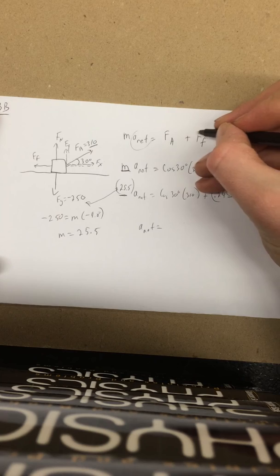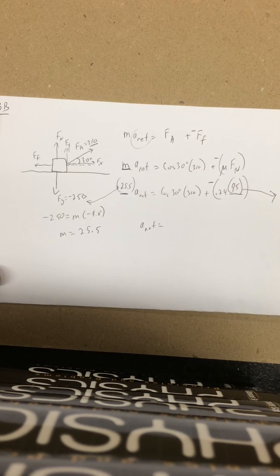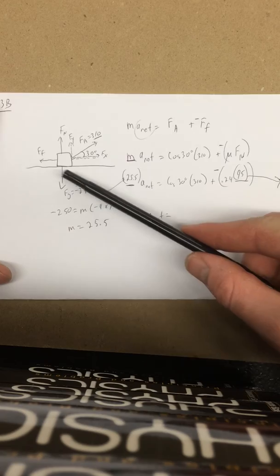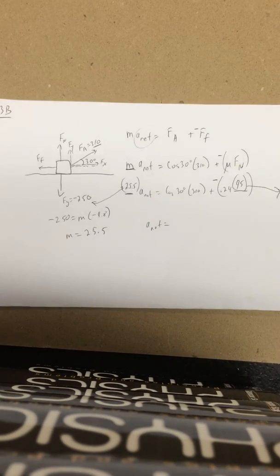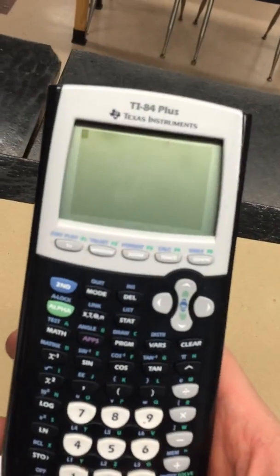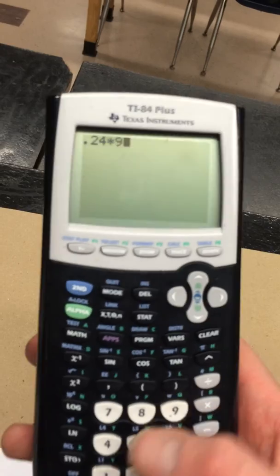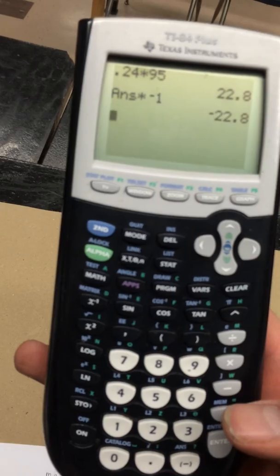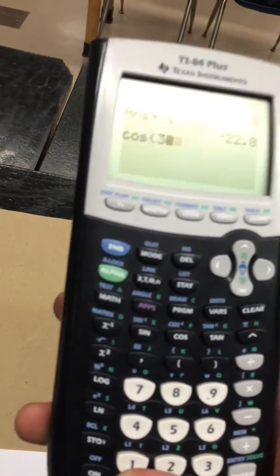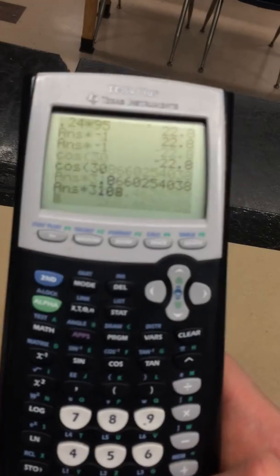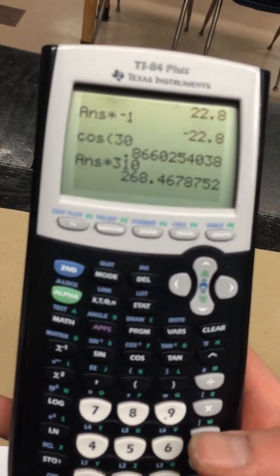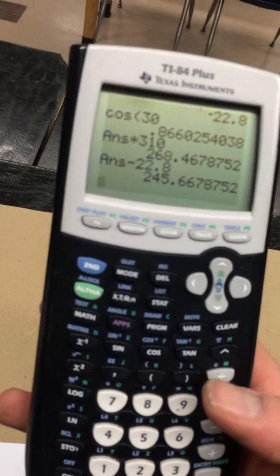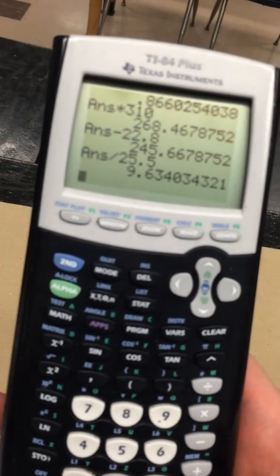If the force of friction is going to the left, that's going to have to be a negative value. So we have 0.24 times 95, and that's going to be a negative number. Then we have cosine 30 degrees times 310, subtract 22.8, and divide by the mass of 25.5. So we get a net acceleration of 9.6.